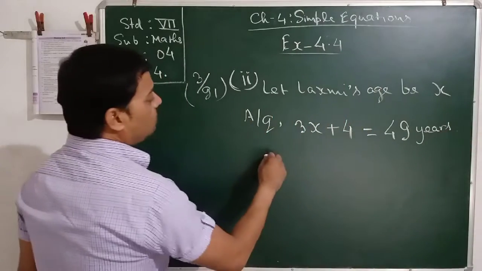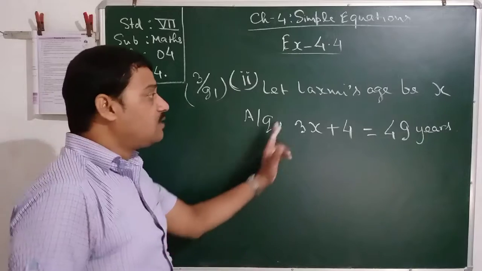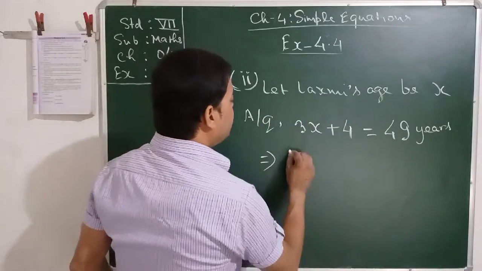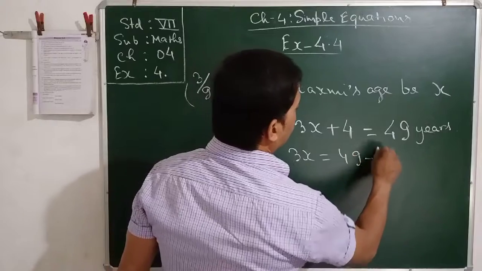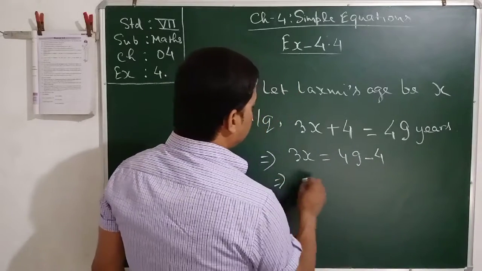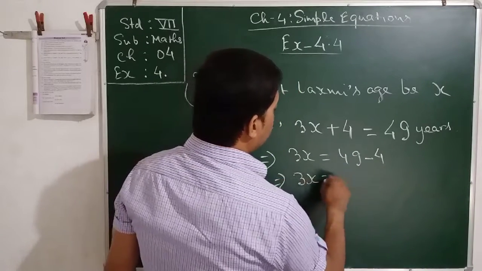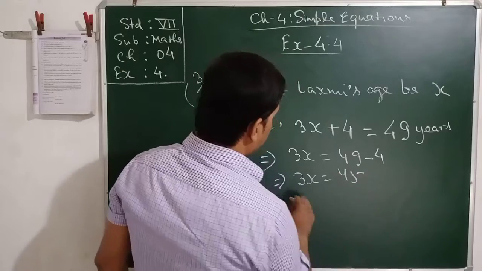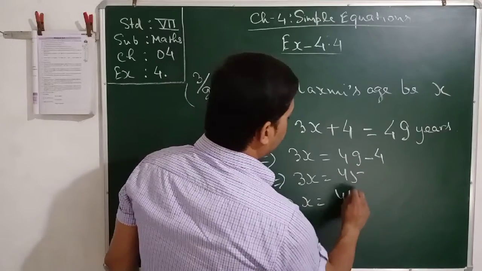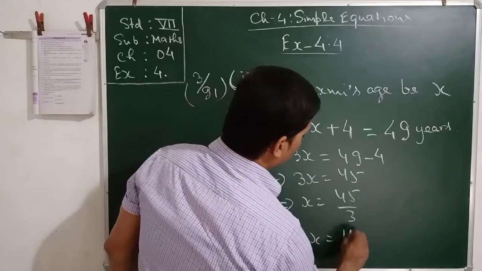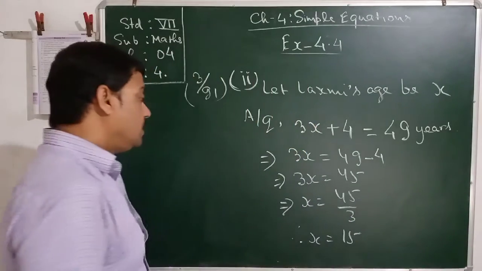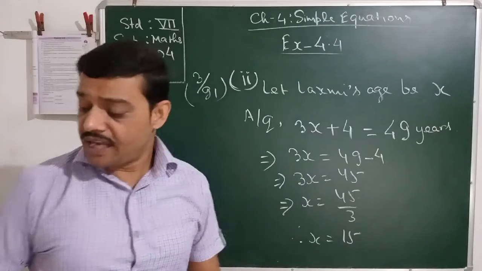Now try to find the value of x, that will be the age of Lakshmi. So 3x equals 49 minus 4, or 3x equals 45, x equals 45 by 3, therefore x equals 15. You can solve the second one like this.